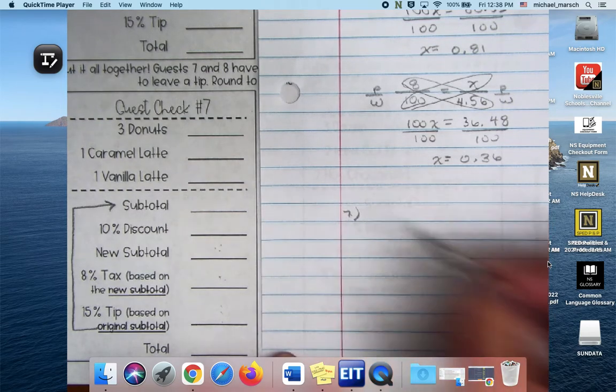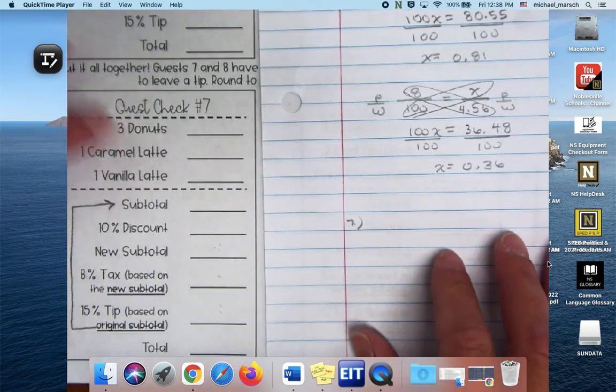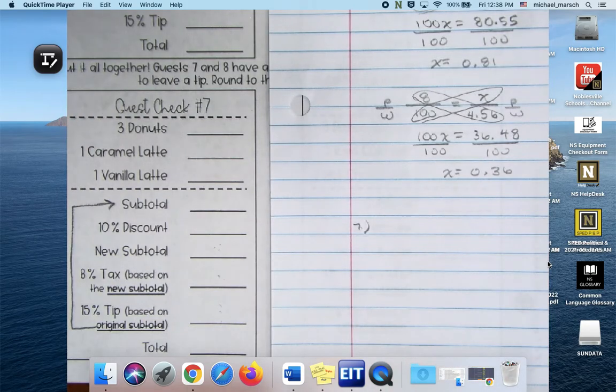So for number 7, first we need to figure out how much we bought, right? So how much would 3 donuts be?